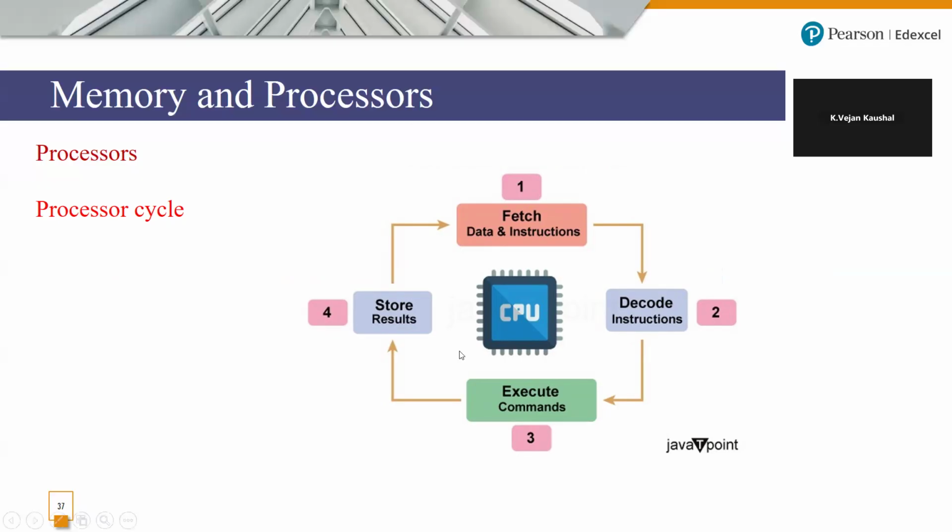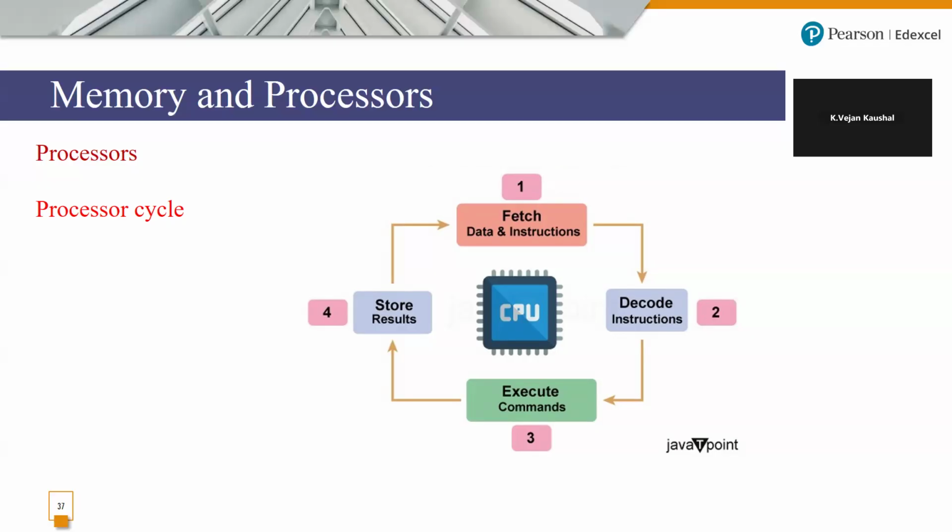You can see here this is a CPU. Fetch data and instruction. Fetch means they get it from the location. First you get the instruction and data. After that, the instruction is decoded.